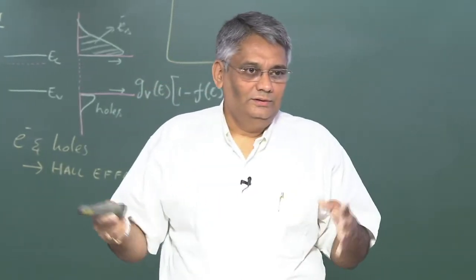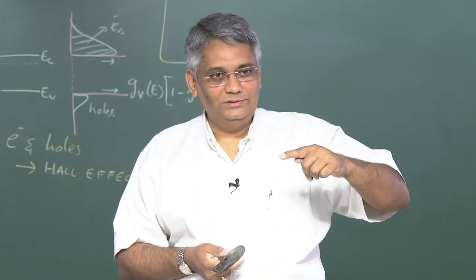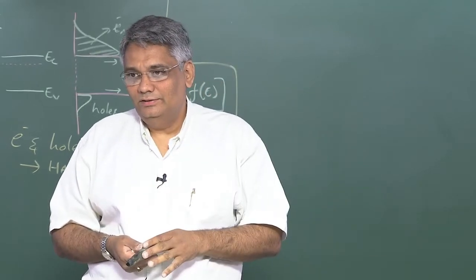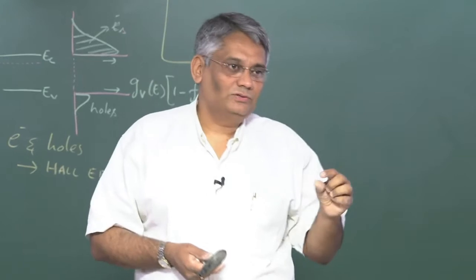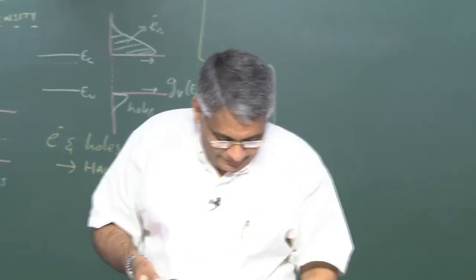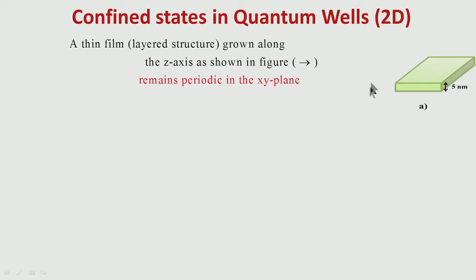But now we start seeing confinement in one of the dimensions, that is, a thin conducting sheet whose thickness is in the nanoscopic region. That is how a two-dimensional quantum well is represented. I'll also tell you where these quantum wells are used.